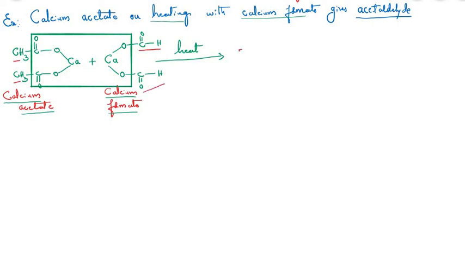So altogether we are having here two molecules of CH3, then C double bond O and H. So therefore this is ethanal, or it is also called acetaldehyde, plus two molecules of calcium carbonate, CaCO3.